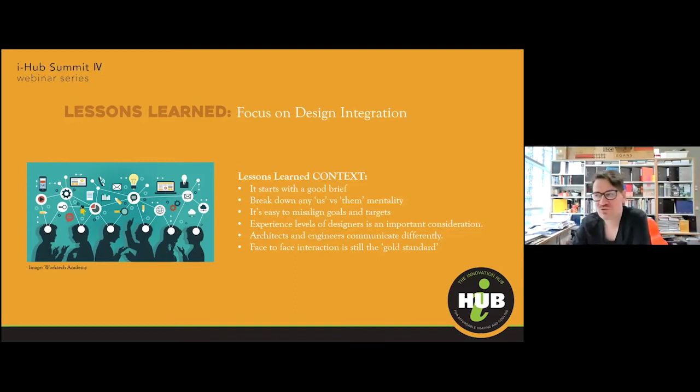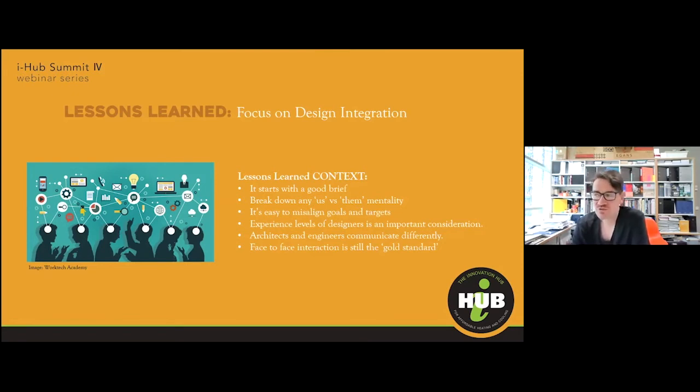It's really difficult to break down that mentality if everyone only has their separate targets or goals to achieve. Then integrated design might be possible, but it's never going to come to fruition the way it does when you have shared targets and very clearly articulated shared goals.